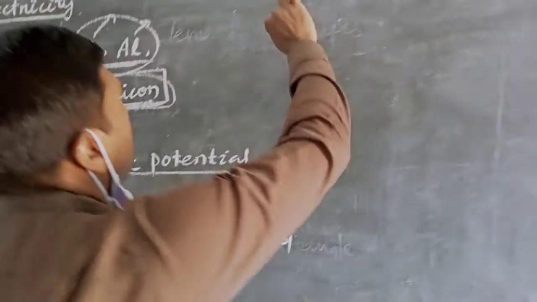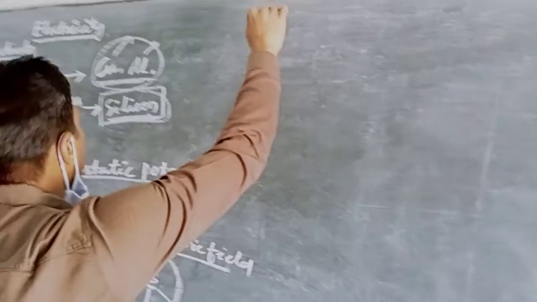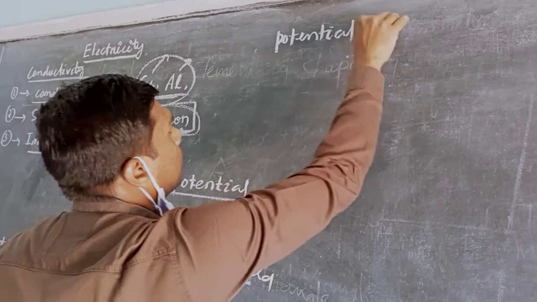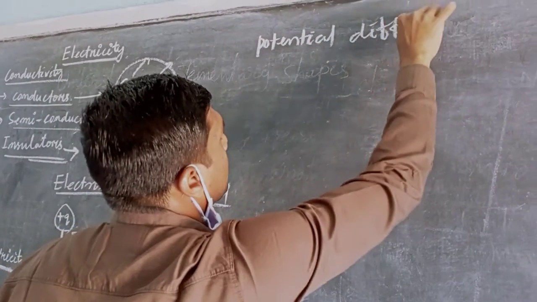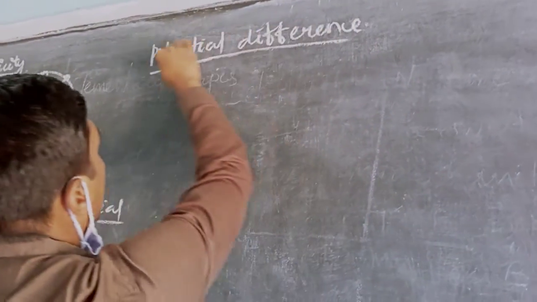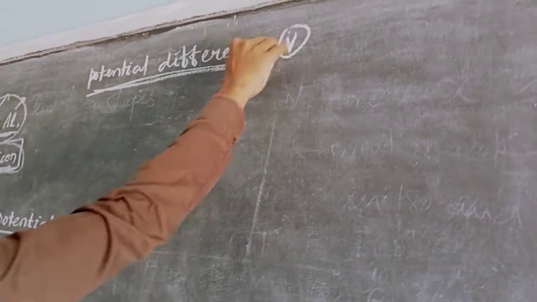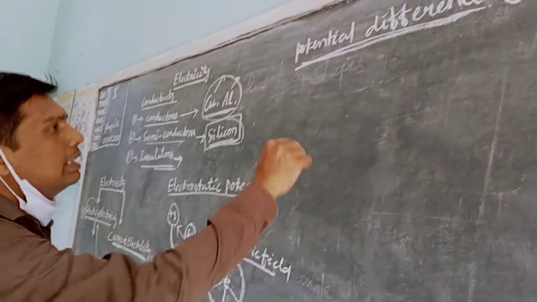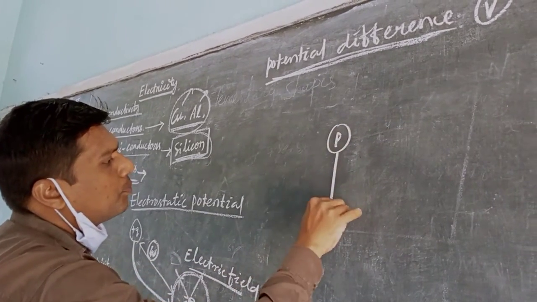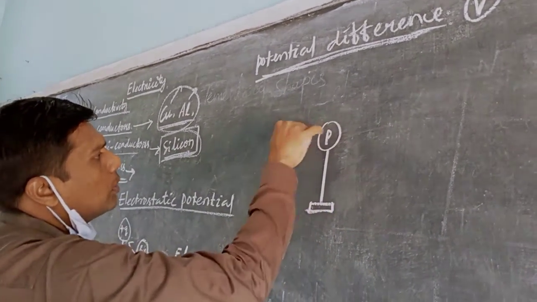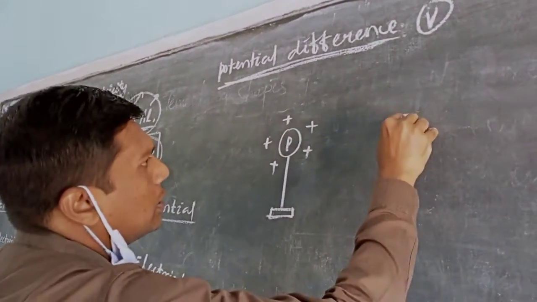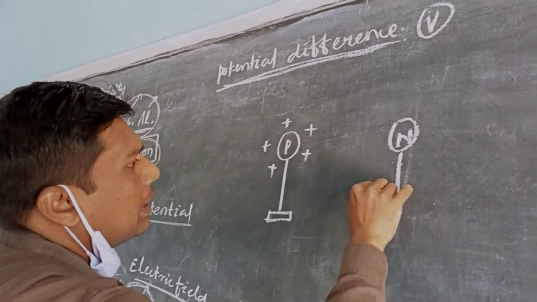Similarly, the next one is potential difference. This potential difference is denoted by V. Suppose this is one object where positive charge is maximum, and another substance where negative charge is maximum.